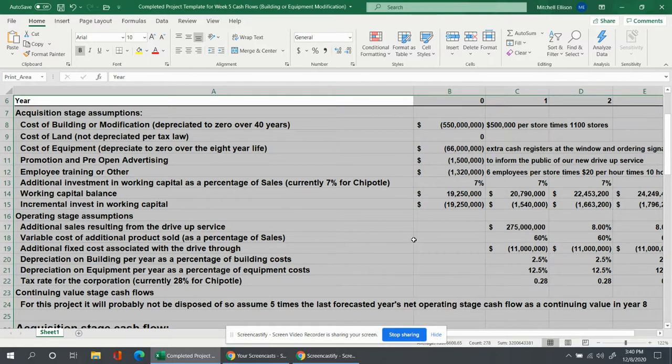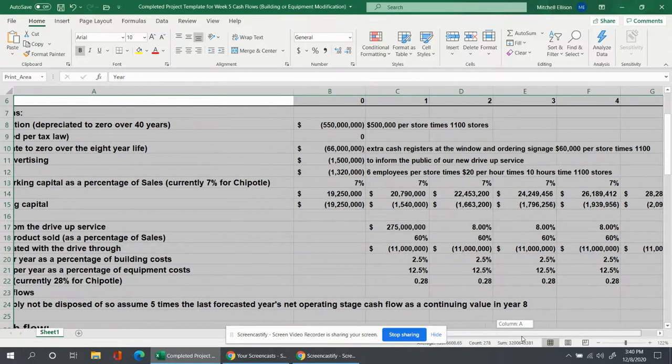Before the project gets up and running, you probably want the customers to know that you're doing this. So there's probably some promotion or pre-opening advertising of $1.5 million. I mean, that's not going to buy a lot in the advertising world. The employee training I have in there with 6 employees per store, times $20 per hour, times 10 hours.